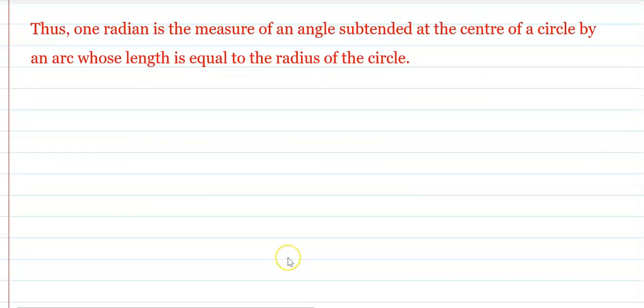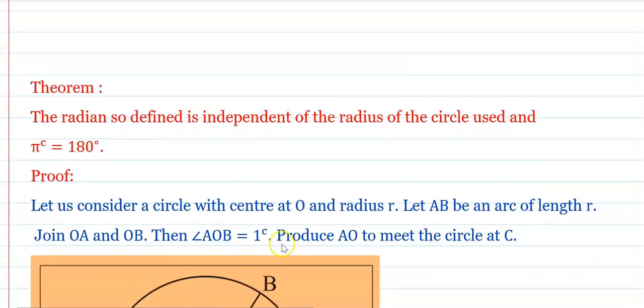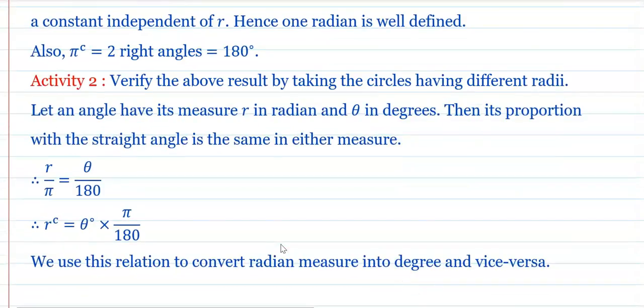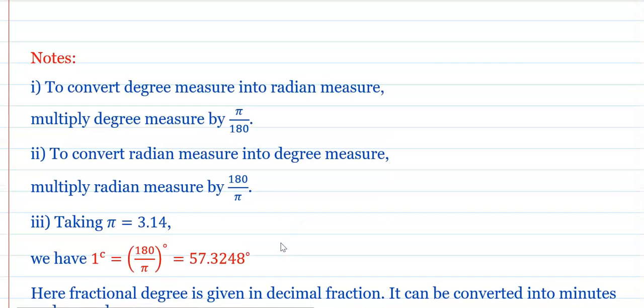Okay. Now the next important part. To convert the degree measure into radian measure, multiply the degree measure by pi upon 180. If we want to convert degrees into radians, we multiply the degrees by pi upon 180.